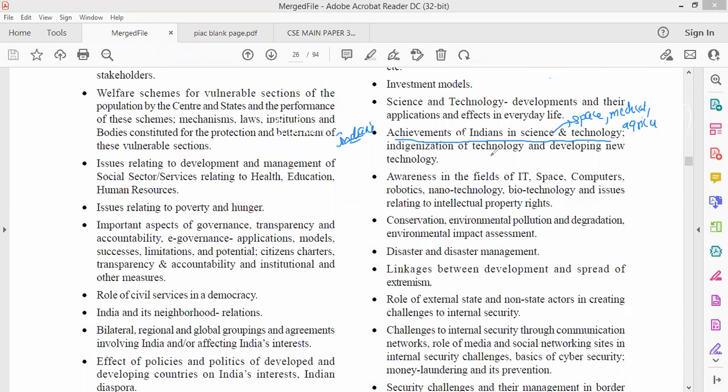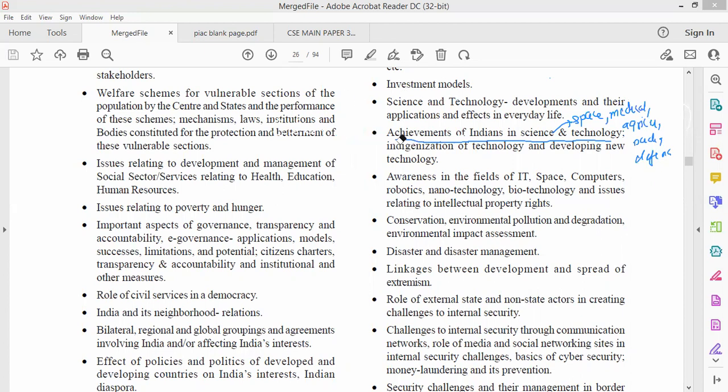How Indians have contributed in science and technology, what achievements have been made in these several fields, and how India has achieved its own technology. So that is important.